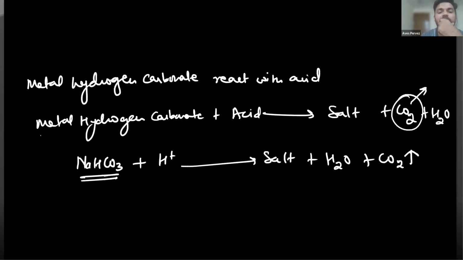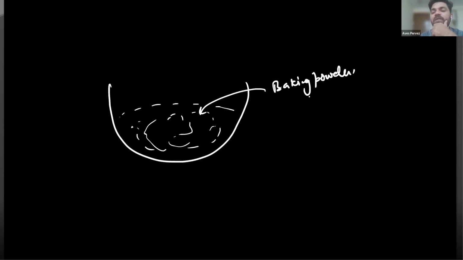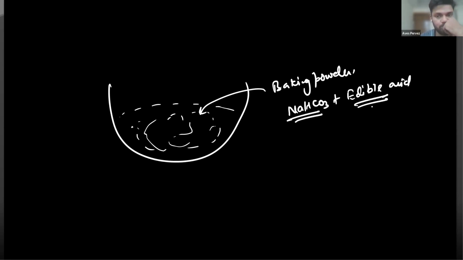Now assume that you have a dough, and you add baking powder to it. Baking powder is sodium hydrogen carbonate plus an edible acid.